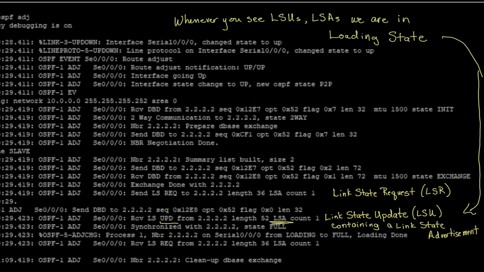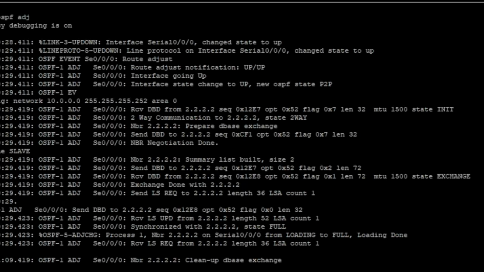Again, loading is not explicitly listed here because we have such a very small network and the phases happen too quickly for even debug to catch all of the states in the output. But we know that loading is the stage where link state updates are received. So we know that this is the loading phase.